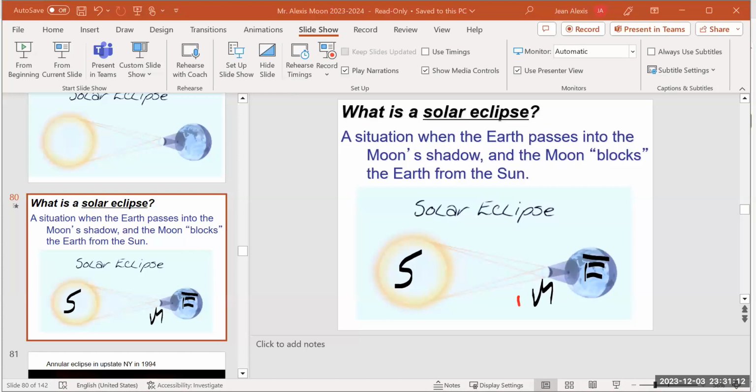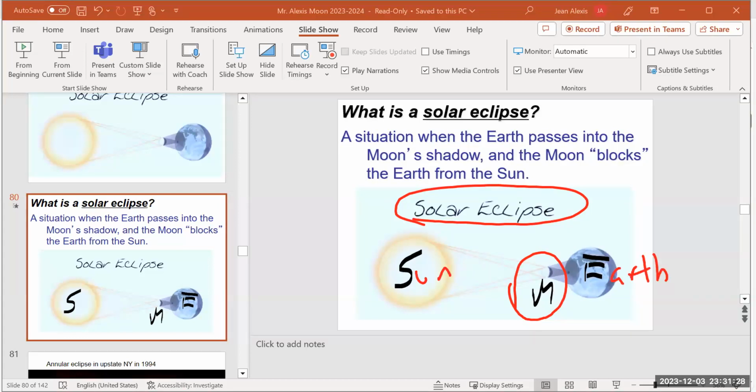So basically, the moon has to be directly between the sun and the Earth. Once again, for a solar eclipse, the moon has to be between the sun and the Earth.